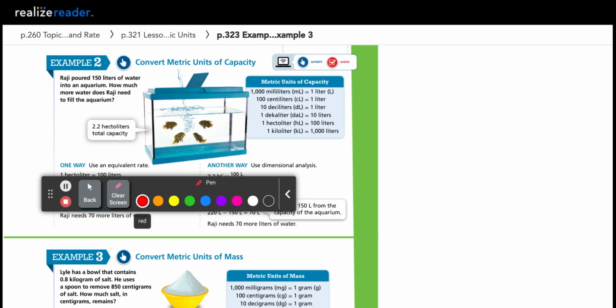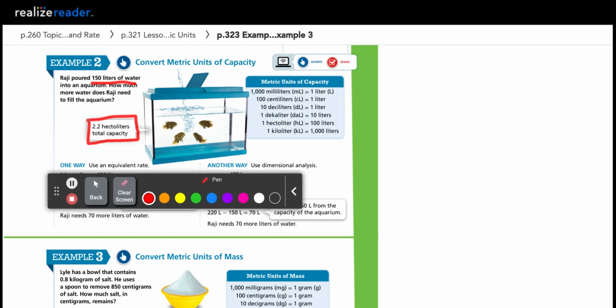Now let's look at example 2. Example 2 says, Raji poured 150 liters of water into an aquarium. How much more water does Raji need to fill the aquarium? So the total aquarium holds 2.2 hectoliters.